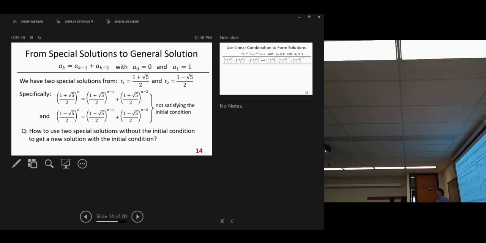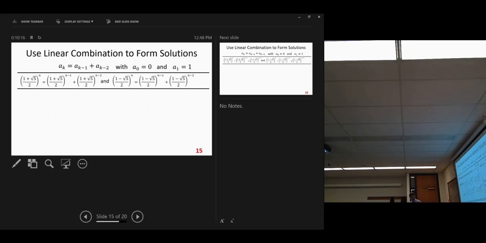That's what we want to do. That's our plan for the next step. If you set it equal to 0 and 1 right now, that won't work. You need to get a general solution first, then you have a chance. That's why that step is critical.